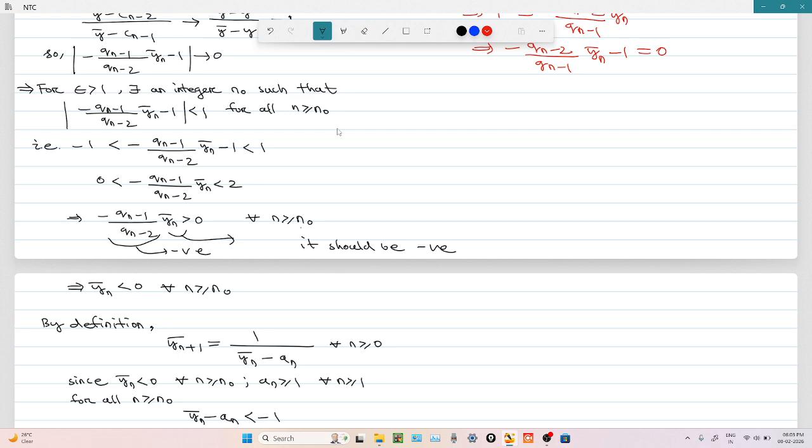That is, minus 1 is less than minus q n minus 1 divided by q n minus 2 times yn bar minus 1, which is less than 1.